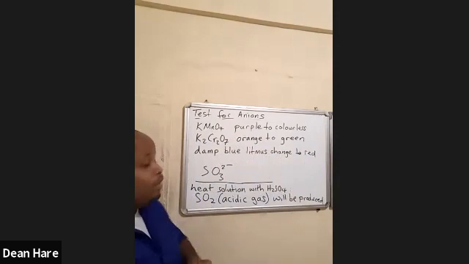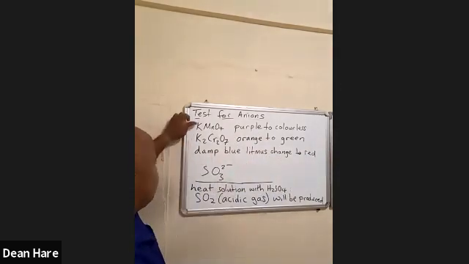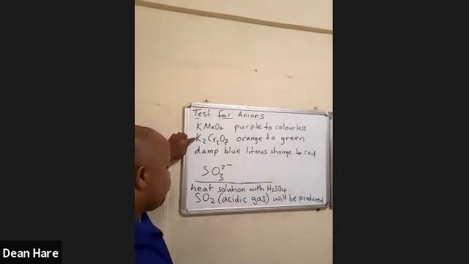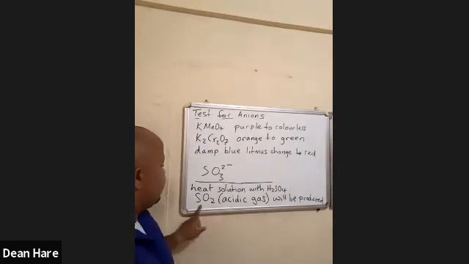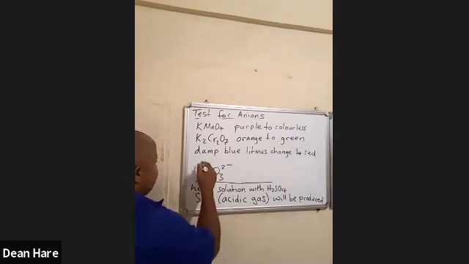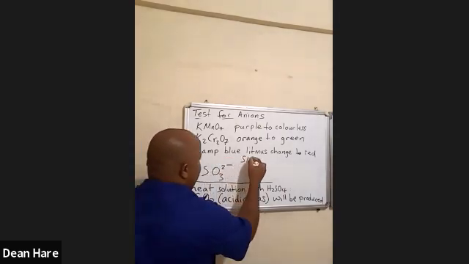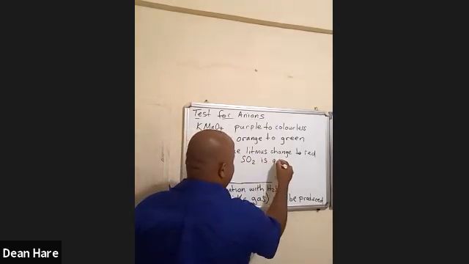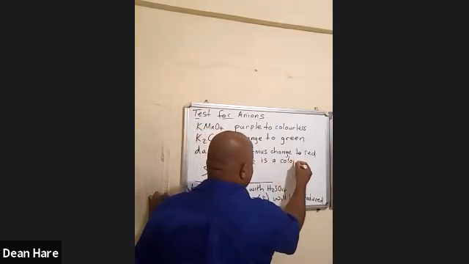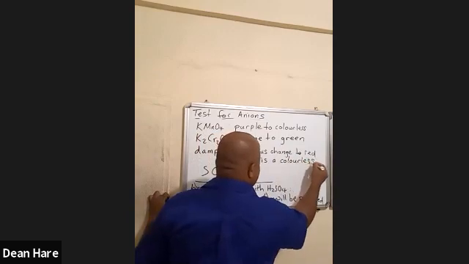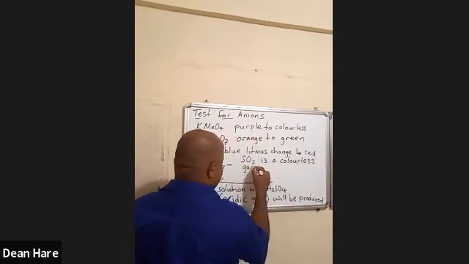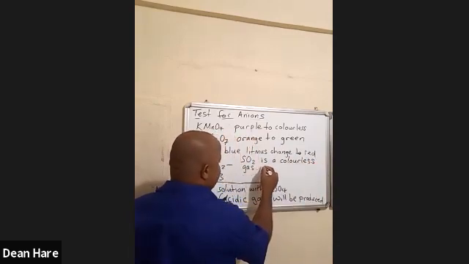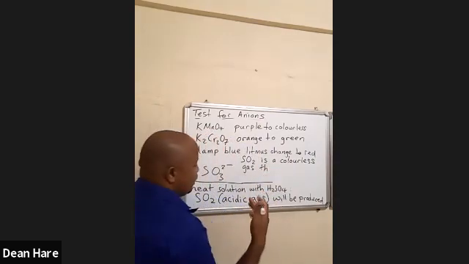But more than likely, if this question comes, you will get either KMnO4 or dichromate. Next thing I'm to point out, SO2 is a colorless gas. And they describe it as having a choking smell.